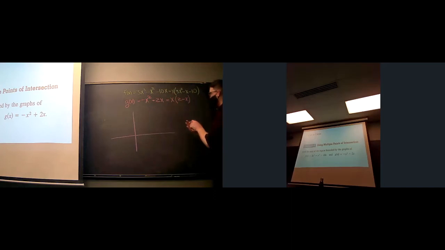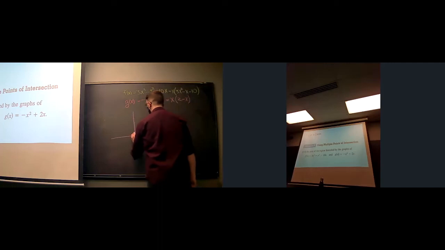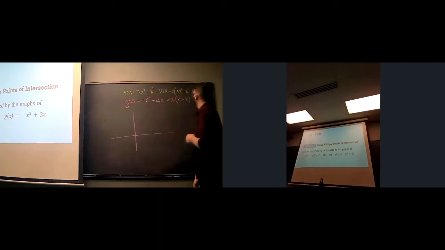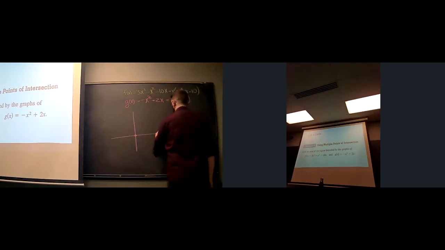Looking first at g of x, the pink one, we know we have this point, and we know that when x is equal to 2, this thing's going to be 0. So we've got a point over here, and it's going to be looking like this.